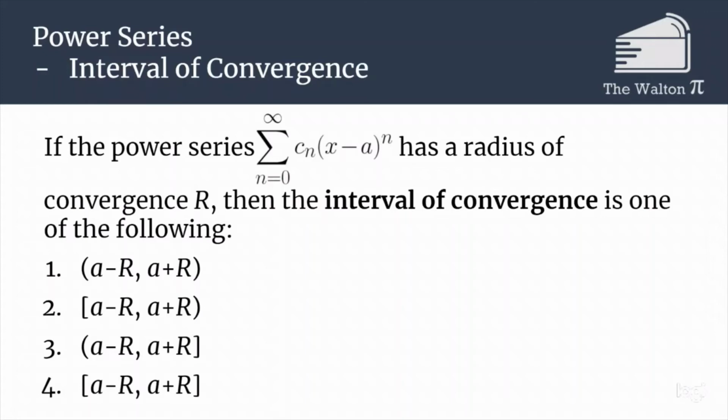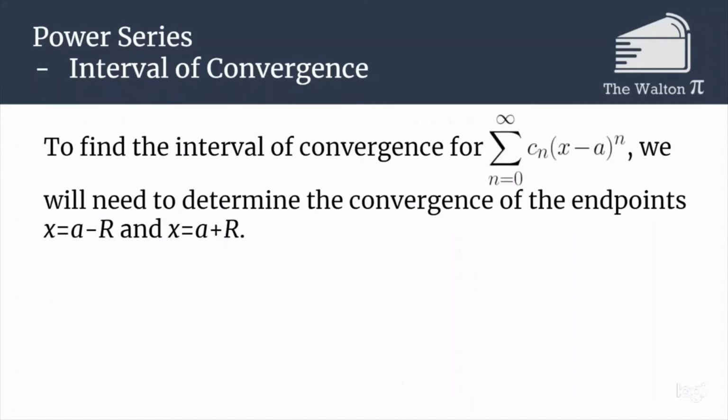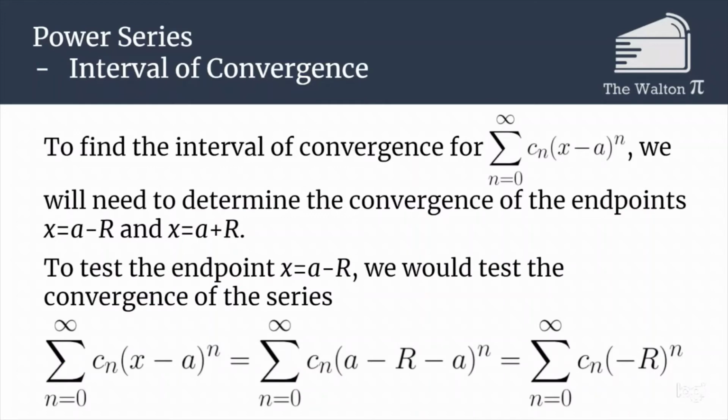So in order to figure those out, we need to test the convergence of each endpoint: the endpoint x equals a minus r and the endpoint x equals a plus r. If we were to test x equals a minus r, we would test the convergence of the series c sub n (x minus a) to the n. We would then plug in x, so we get (a minus r minus a) to the n. So that means we would be testing the convergence of the sum from n equals 0 to infinity of c sub n times (negative r) to the n.